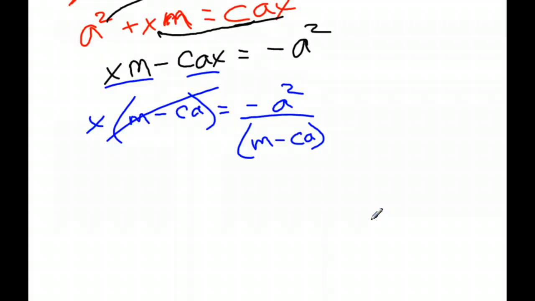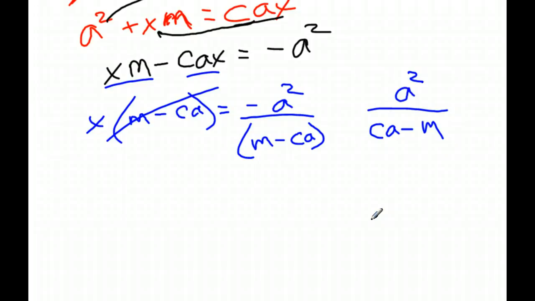Whoa, I have like a different answer, but I think it's the same thing. No, it's not, Sean. She put it on the other side. Well, I mean, I have a squared over ac minus m. Yes, that's the same thing. You can factor out that negative sign on the opposite side.